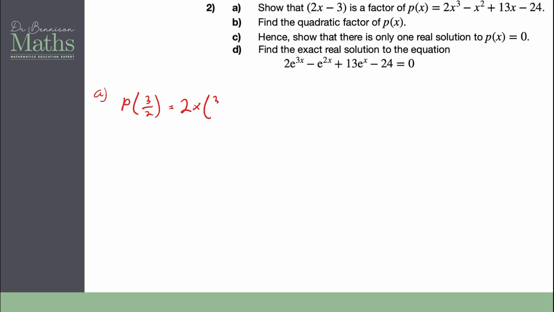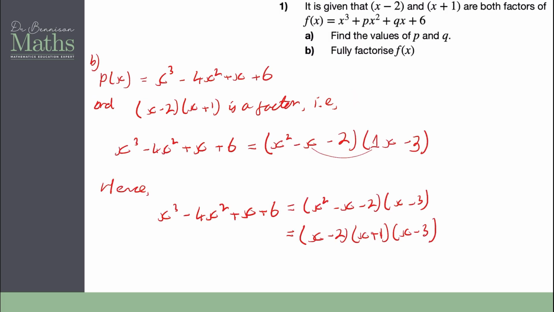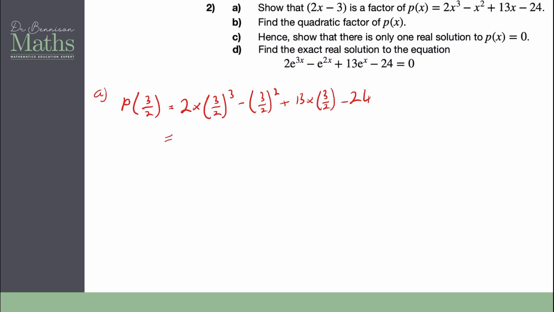So 2 times 3 over 2 cubed minus 3 over 2 squared plus 13 times 3 over 2 minus 24. And let's just double check that that does work. We know it should equal 0.